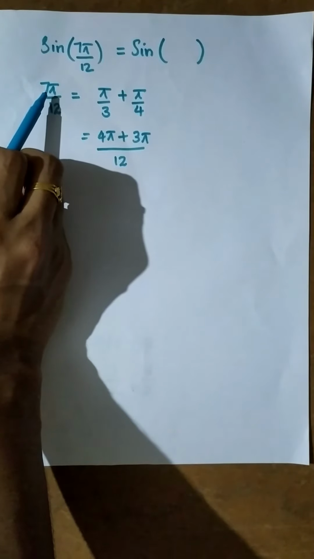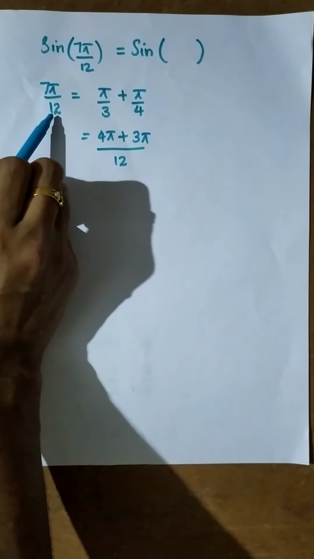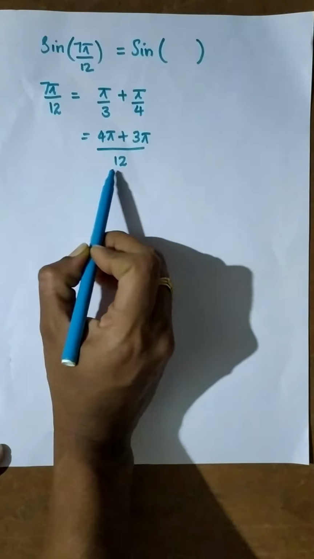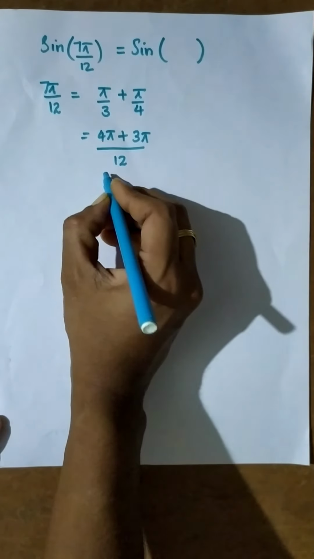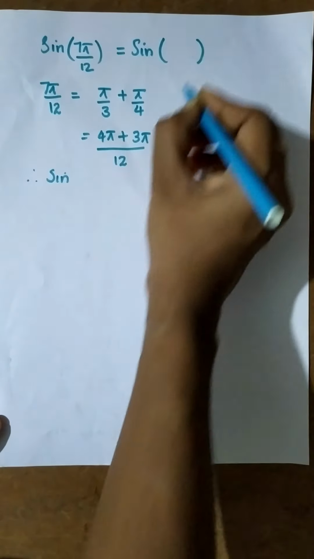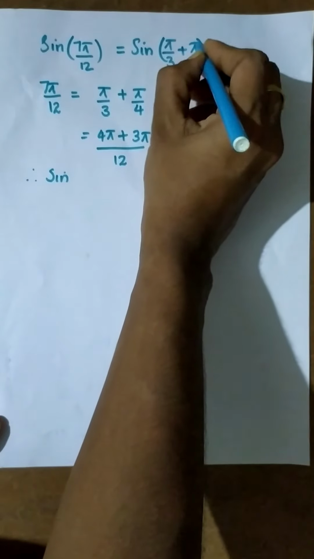Okay, so here we have pi over 3 plus pi over 4. So the 7 pi over 12 can be rewritten as pi over 3 plus pi over 4.